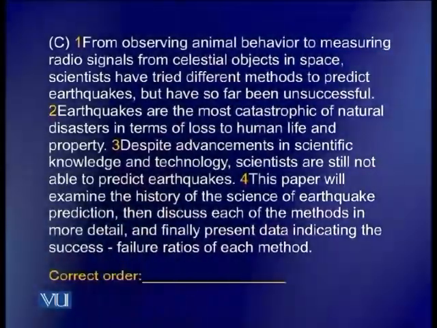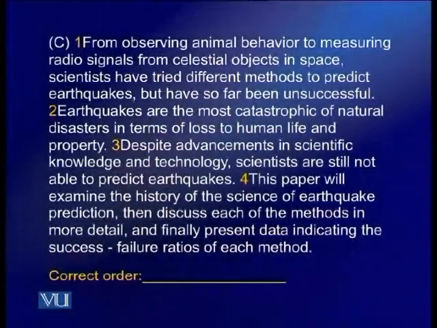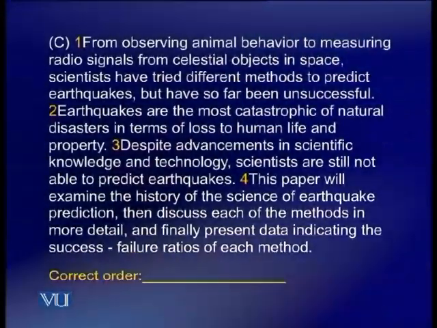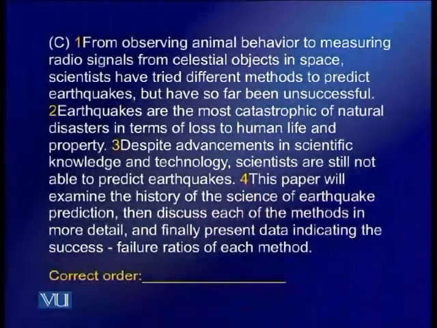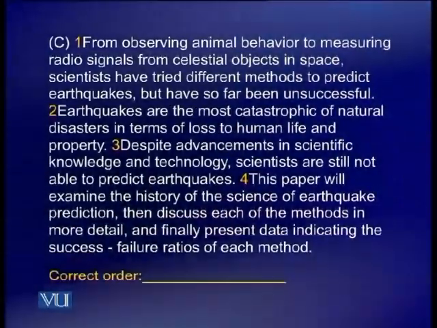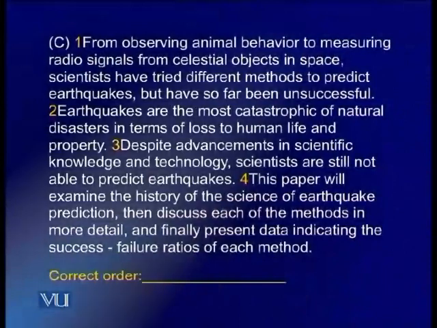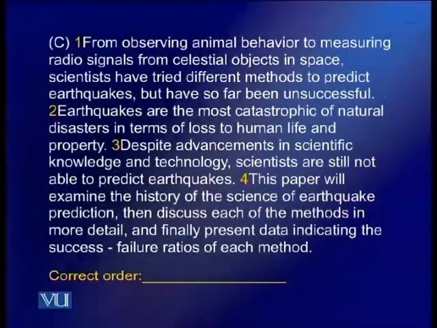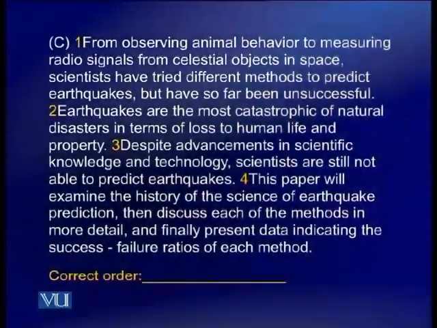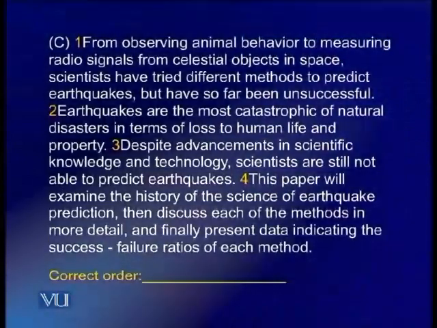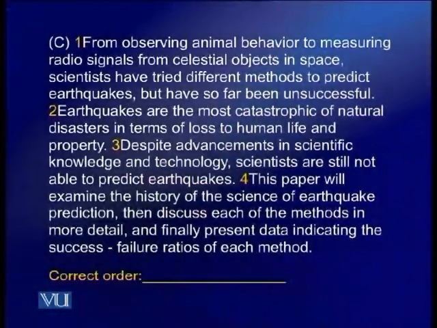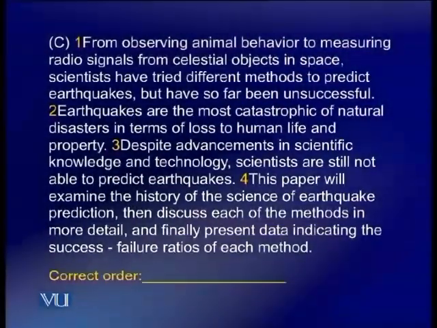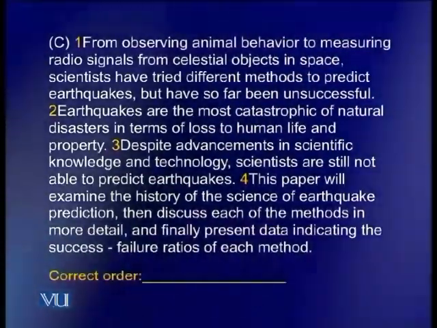Paragraph C. From observing animal behavior to measuring radio signals from celestial objects in space, scientists have tried different methods to predict earthquakes, but have so far been unsuccessful. Earthquakes are the most catastrophic of natural disasters in terms of loss to human life and property.